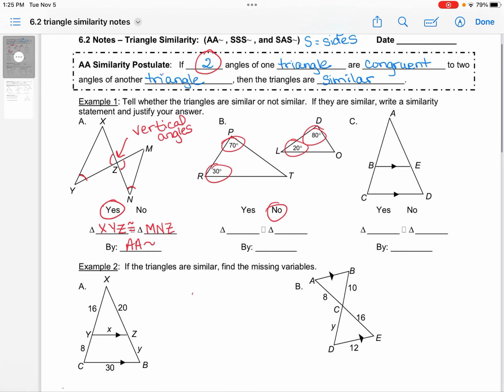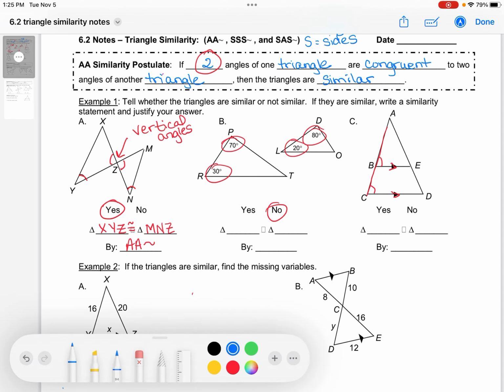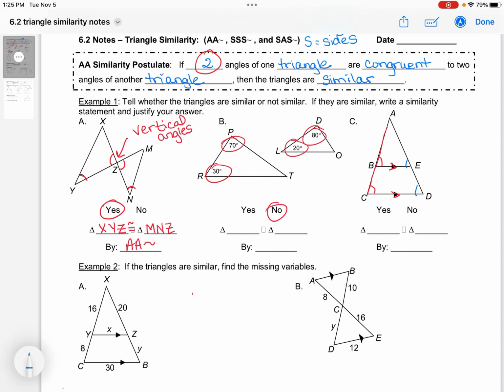Okay, and then this last one right here, because these are parallel lines with this transversal, we know those two angles are equal because those are called corresponding angles. And the same would be true for these two if this is the transversal. So we have corresponding angles on both sides.